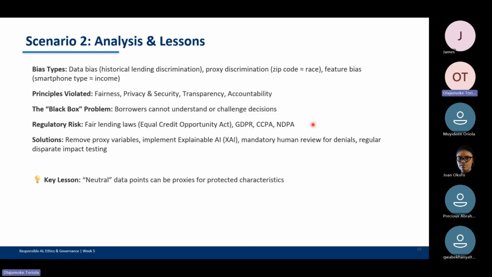You also have GDPR, CCPA, and NDPA, where things like race and even social media are violated. The solution is to remove proxy variables, implement explainable AI, and mandate human reviews for denials, because even when people are denied credit, there should be a human in the loop to evaluate why, along with regular disparate impact testing. The key lesson we learn here is that neutral data points can be processed for protected characteristics.